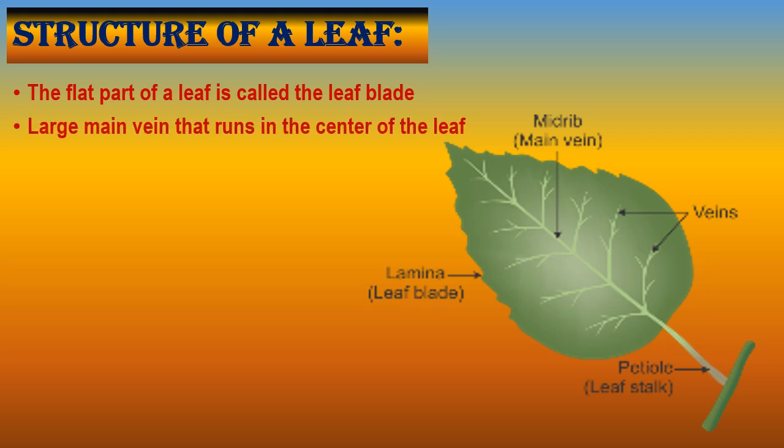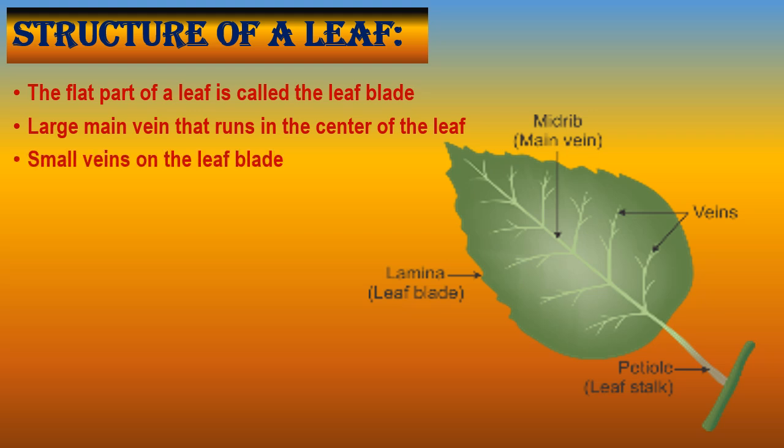Now look at the picture, you can see a large vein that is running in the center of the leaf. This large vein is known as the main vein or midrib. The large main vein runs in the center of the leaf.